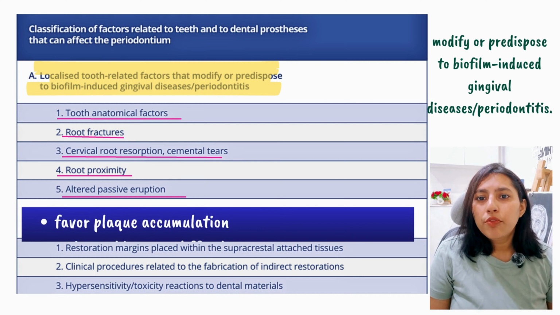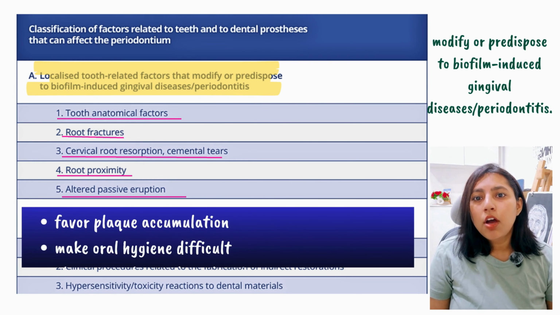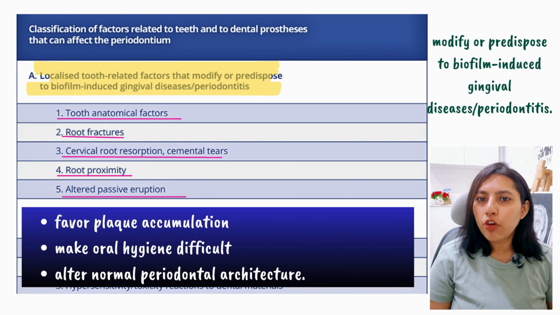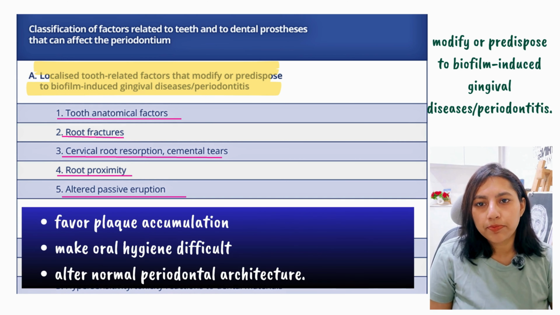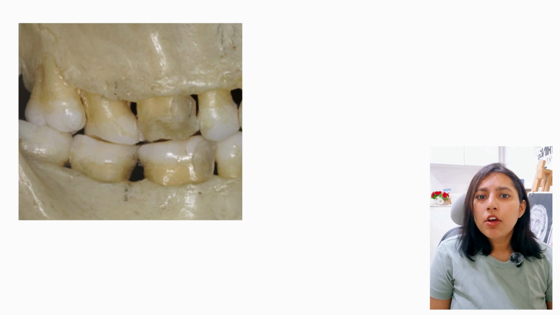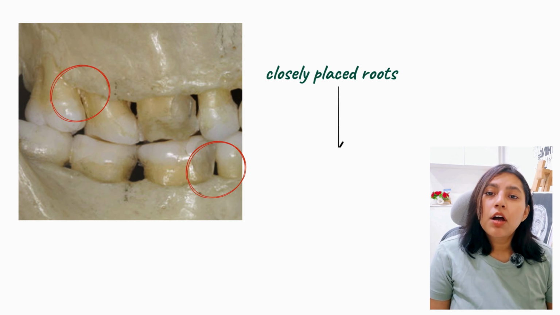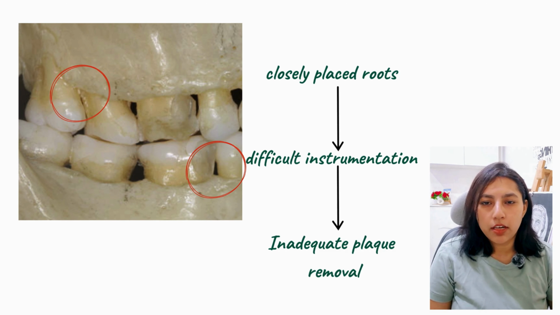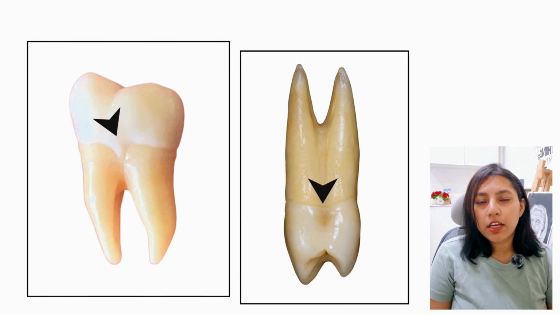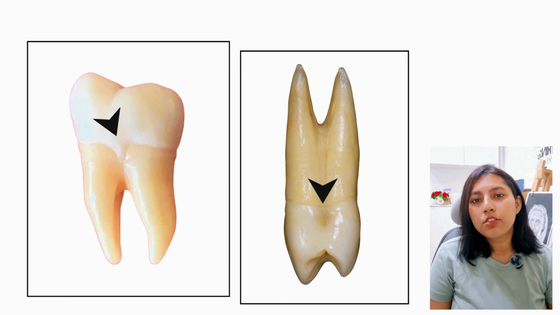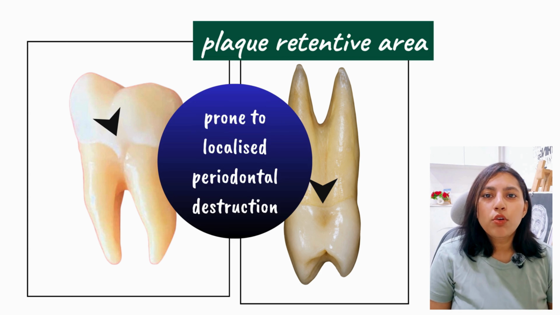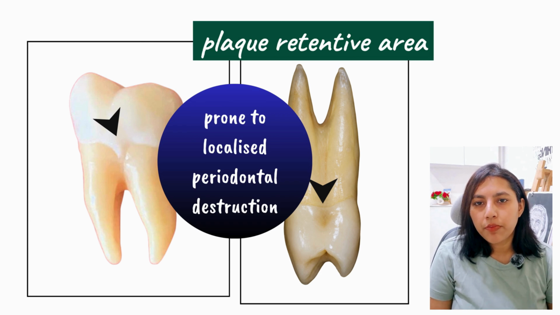They either favor plaque accumulation, or make oral hygiene difficult, or alter normal periodontal architecture. For example, root proximity may make plaque removal extremely difficult in interproximal areas. Similarly, developmental grooves or cervical enamel projections may act as plaque retentive areas, predisposing the site to localized periodontal destruction.